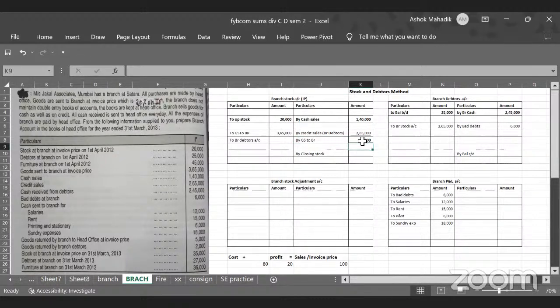Next, goods returned by debtors. So stock is coming in. On the debit side, we'll write to branch debtors. How much? 5,000. And we have debtors account. So on the opposite side, we'll record on the credit side by branch stock. Or just write returns. Okay, that's also fine.